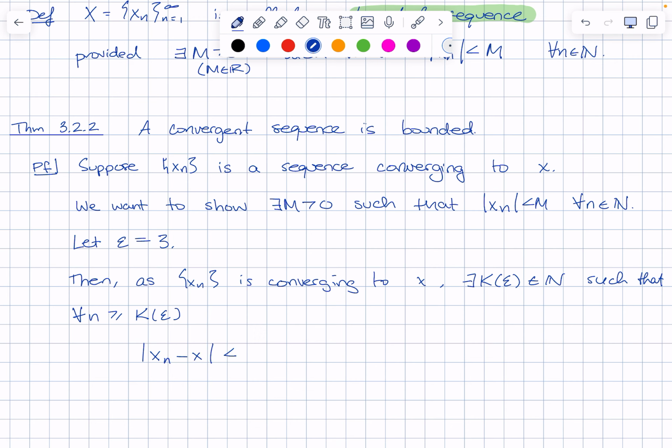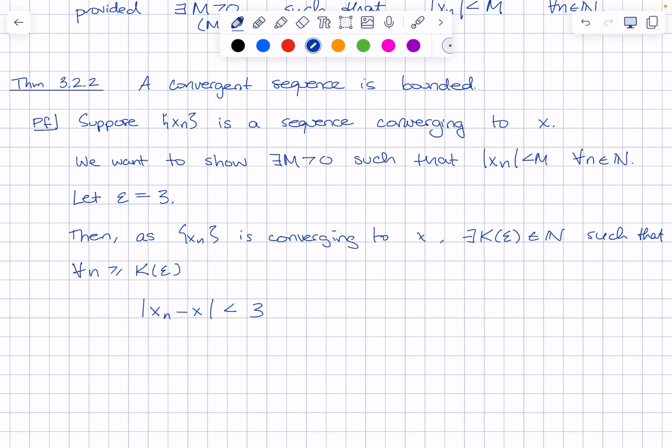So now we know, if we look at all of these, from this point on we can already get it bounded, right? We can get xn bounded for n greater or equal to k epsilon using this fact here. But what about when n is less than k epsilon?